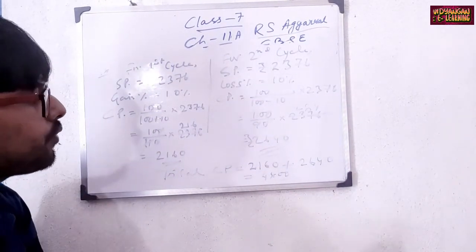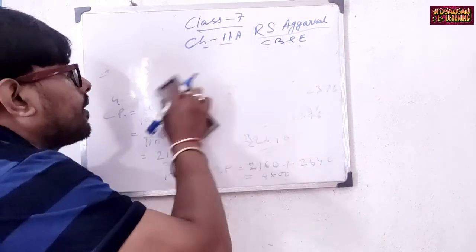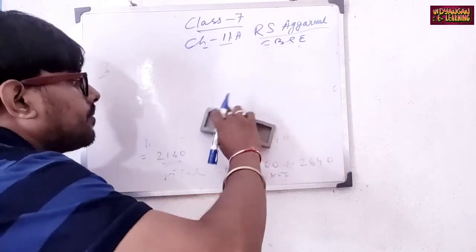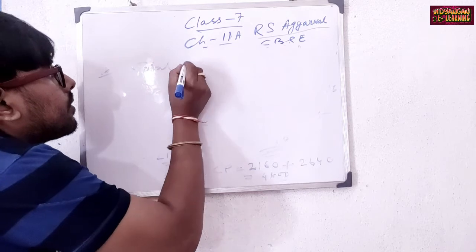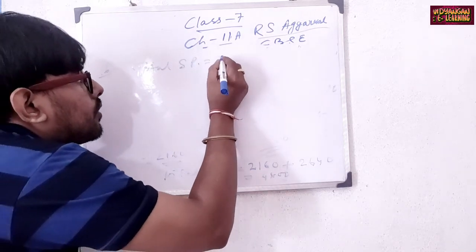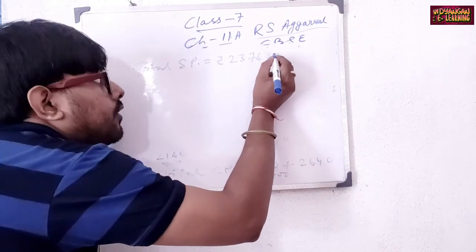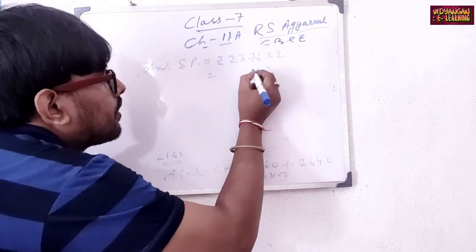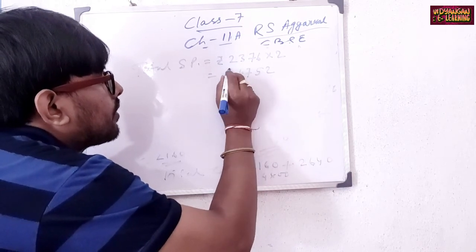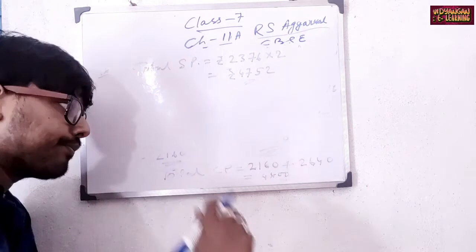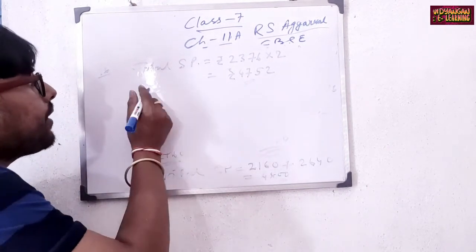The total cost price is 4,800 and the total selling price is rupees 2,376 into 2. This one, we can easily observe that the cost price is greater than the selling price.